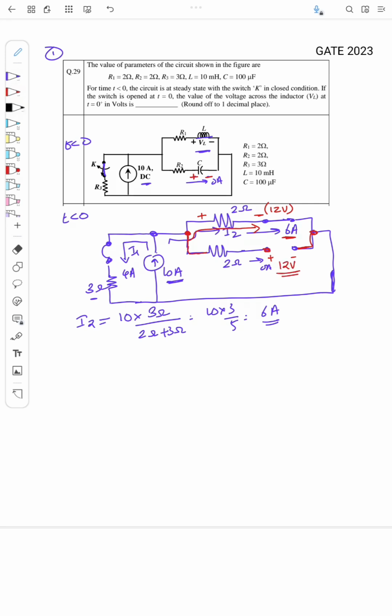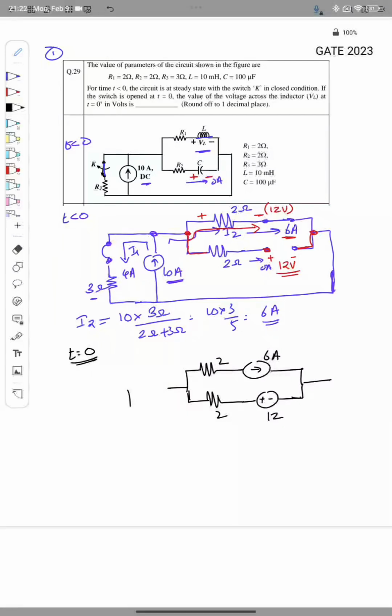So if I draw this with a current source and a voltage source, I can draw it like this. So I have a resistor, I have a current source here of 6 ampere, and this is 2, and this is a voltage source, plus minus, of 12 volt, right? And I draw this because at t equal to 0 the switch is open.